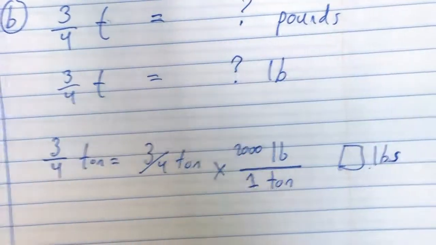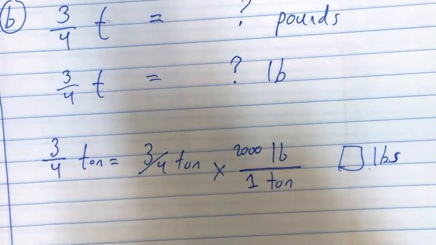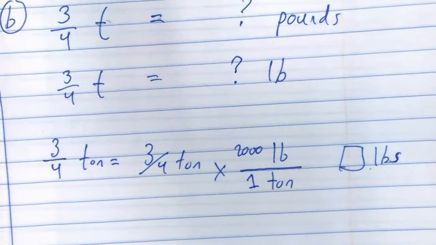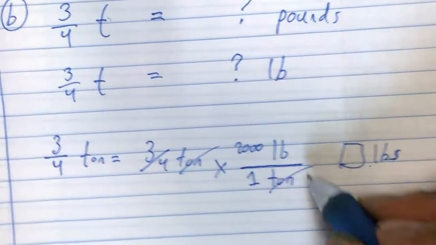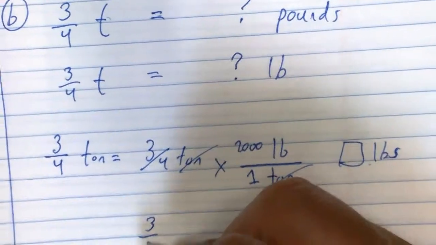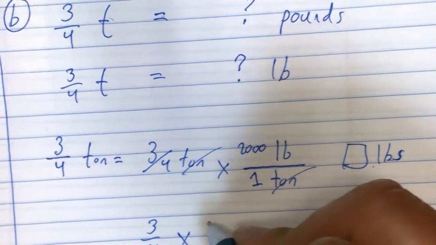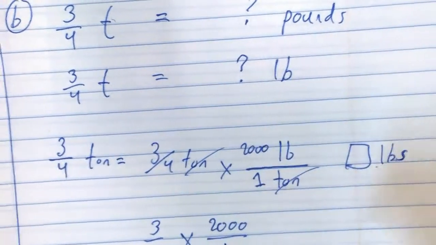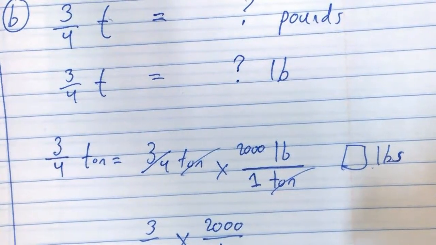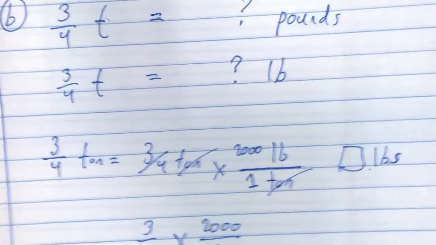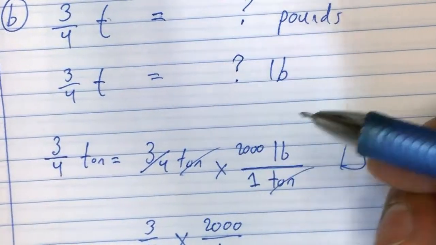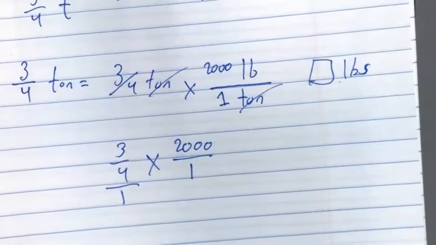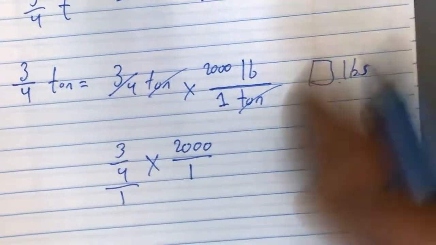Okay, now, before you panic, not a big deal. The tons cancel out. You're left with 3/4 times 2,000 over 1. Now, technically, this would be over 1 as well, because even though it's not a whole number, it really should be 3/4 over 1 times 2,000 over 1.